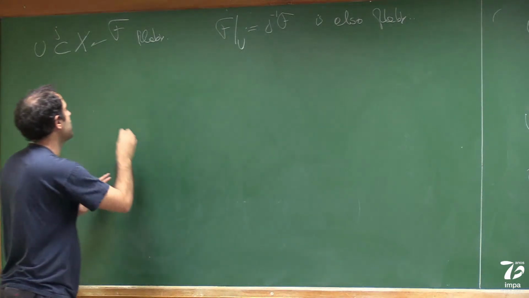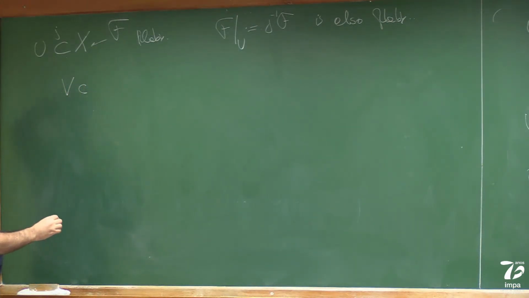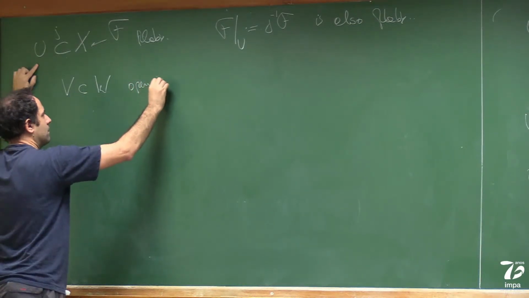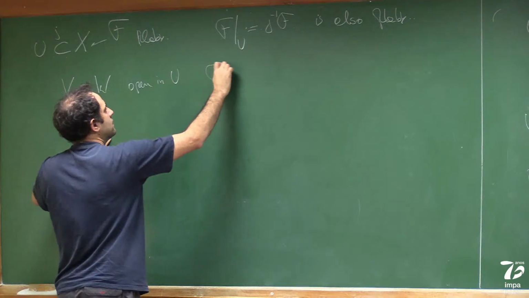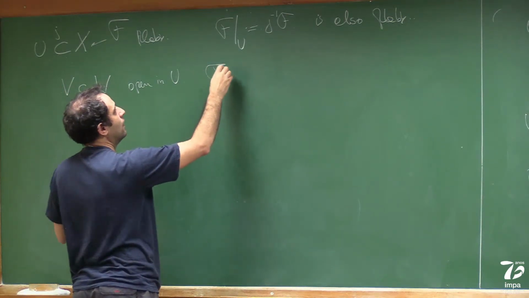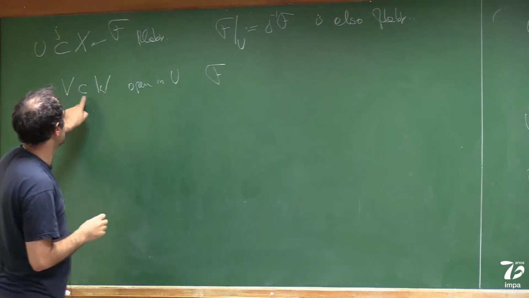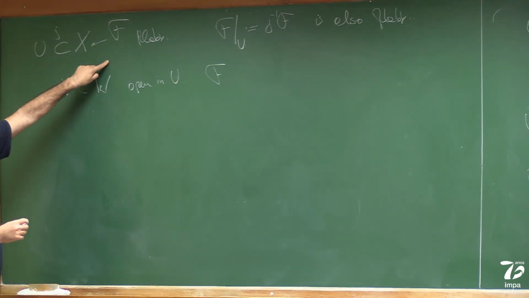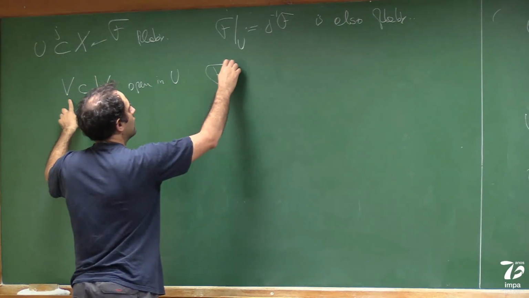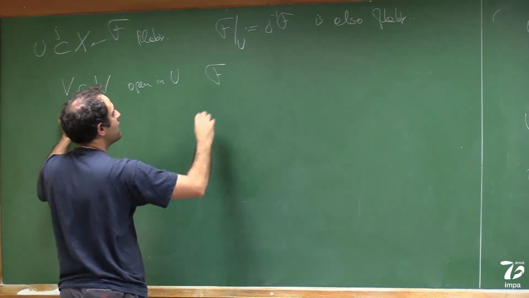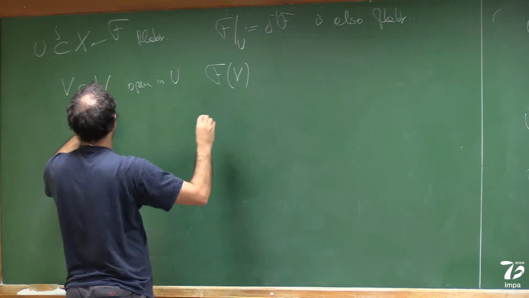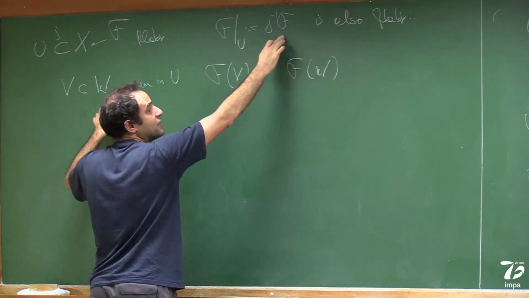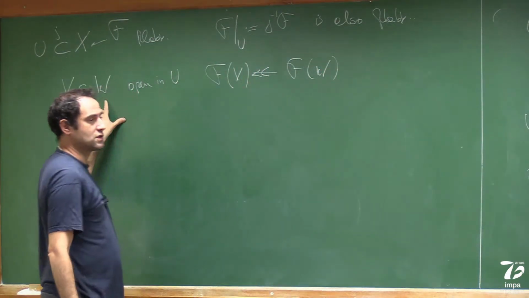That's clear because if you give me V inside of W opens in U, then the sections of that restriction, so an open in U, this guy was open already, so they are still open in the ambient space X, so a section of this restriction on V is just the same thing as a section of F on V, and a section of this restriction on W is just the same thing as a section of F on W, and the restriction of this guy is just the same thing as this restriction, which is surjective.